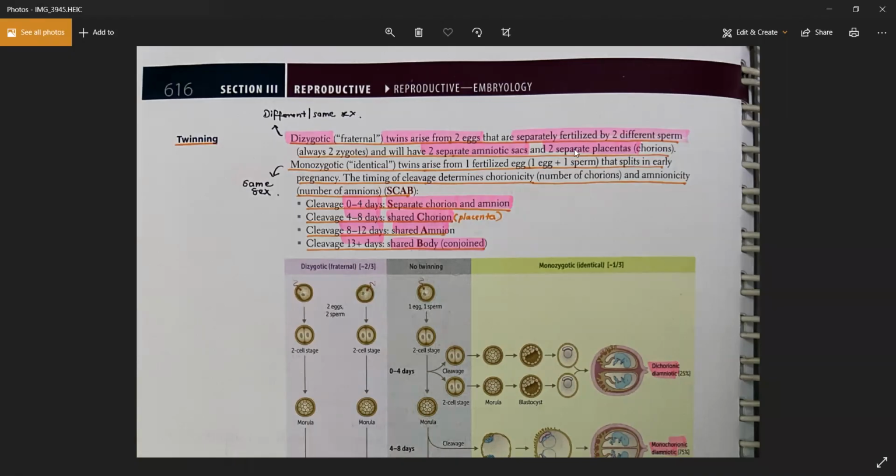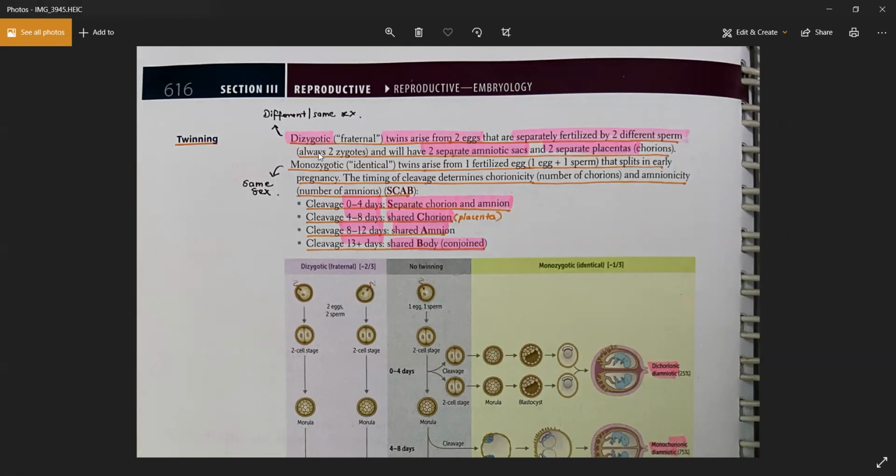Chorion means placenta, amnion means amniotic sac. So dichorionic, diamniotic twins, you call it a dizygotic, okay? So they both have different genes, different characteristics you will find.